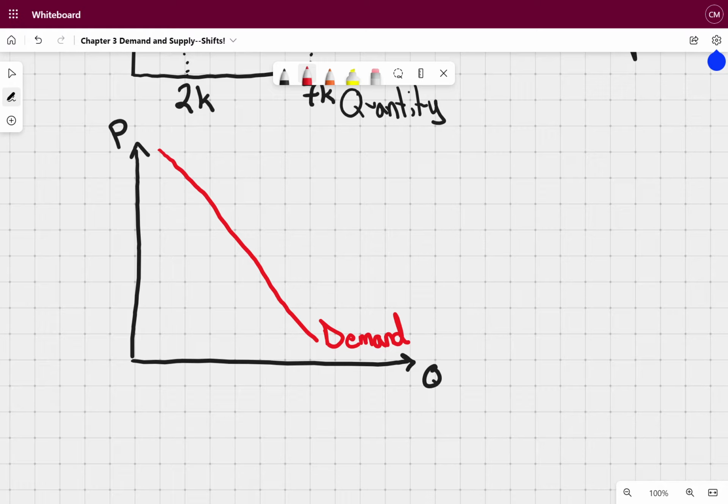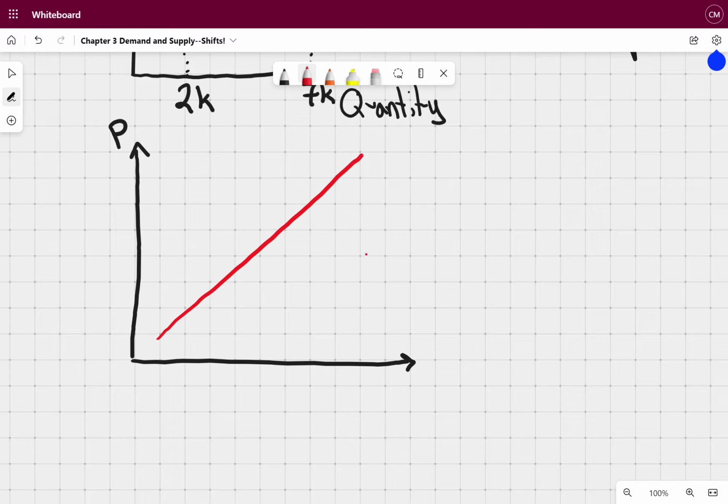All right, so a movement along, and that's why I put a demand curve there. A movement along the supply curve is going to look just like something like this, where we go from maybe $2 to $4.